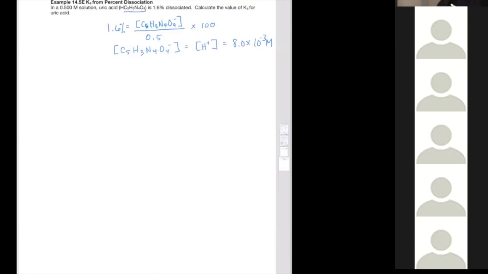And now you're kind of going backwards. You're going to calculate Ka, which the expression is hydrogen ions times C5H3N4O4 minus over the uric acid.